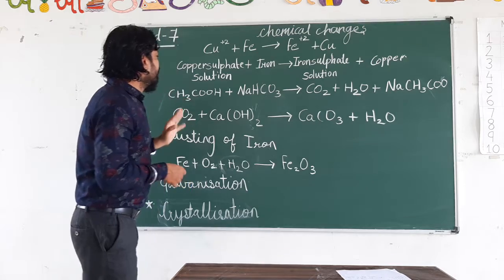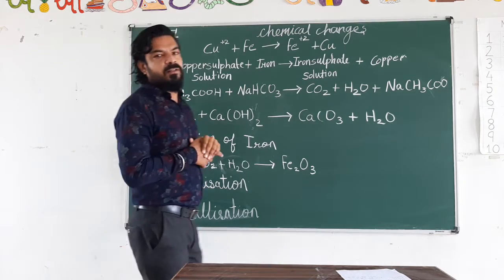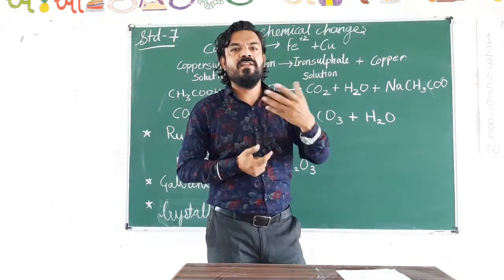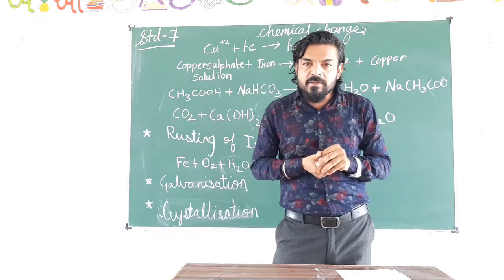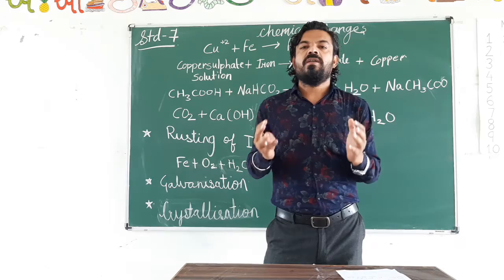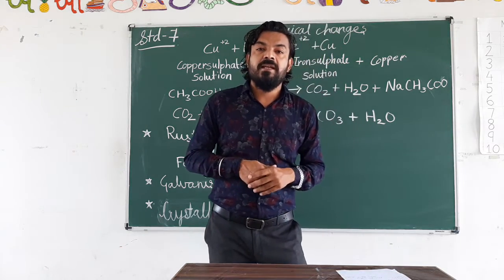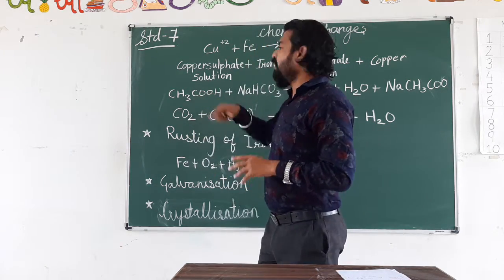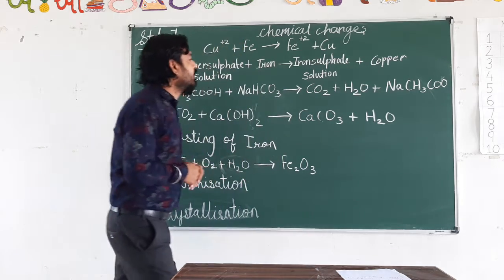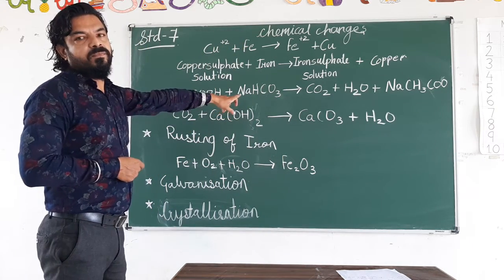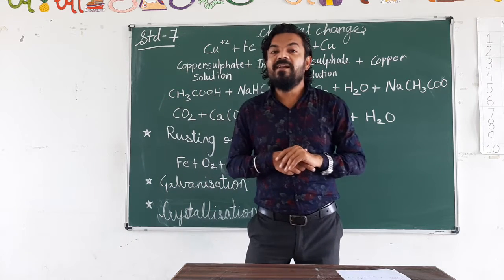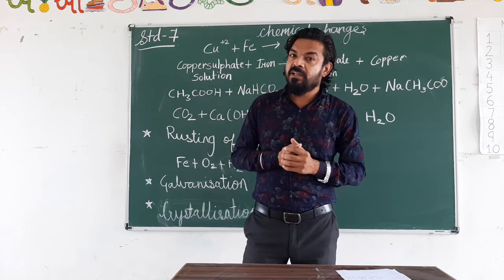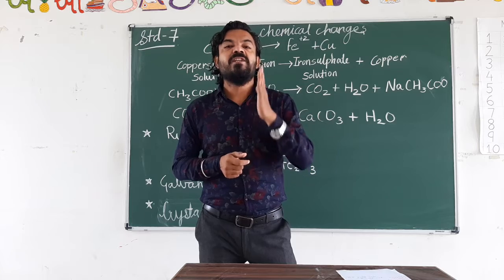Now, you also have vinegar. We understood in the previous class what vinegar is: it is acetic acid. Here we combine acetic acid with sodium bicarbonate, which we understood in acids, bases and salts is baking soda.